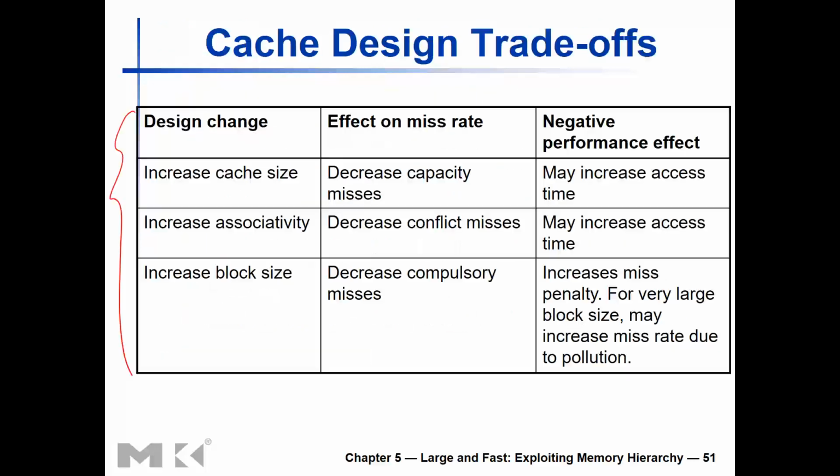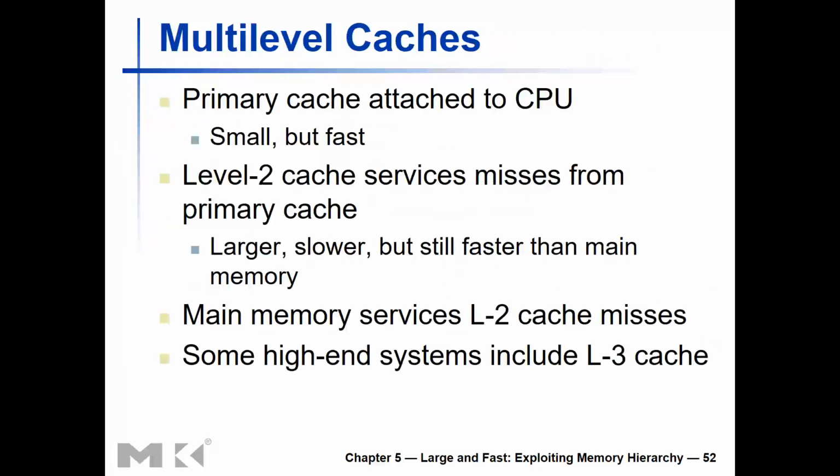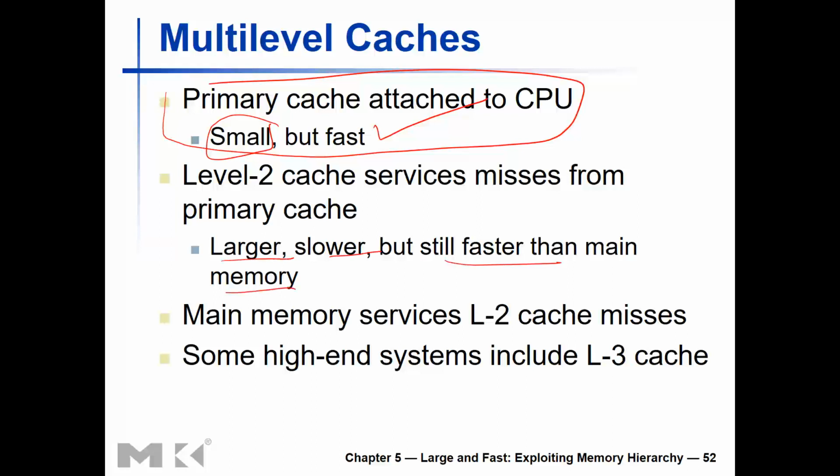we have multiple levels. Now we will see that we have L1 and L2. The primary cache, L1, it is what? Small, but what? Fast. L2, in this system, he assumes one L1 and L2 cache misses, so it's larger, slower, but faster than the main memory, and the emphasis is in reducing miss rate.